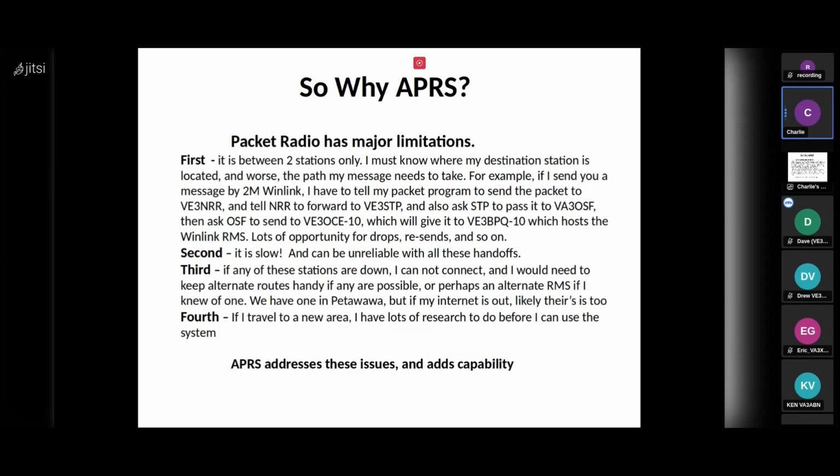It provides access to a lot of information because you can actually do queries and responses with it. So there are a number of information servers out there, so you can do things like get the latest weather information. There are gateways to other services, so you can collect messages and so on. And all of this you can do if you've bought the right radio. You can do it on your radio's display.